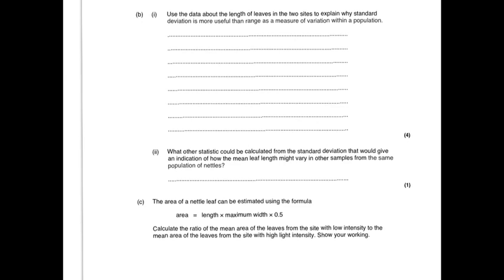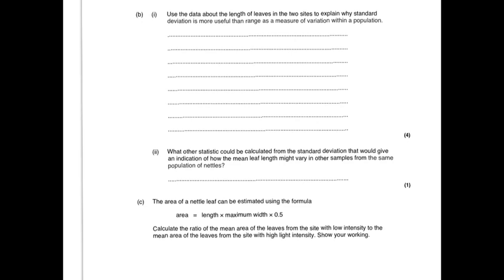Whereas standard deviation takes into account the variable data spread, so it's the spread around the mean, and can be used for statistical use, so inferences can be made. So in this data, the ranges are similar in both areas.